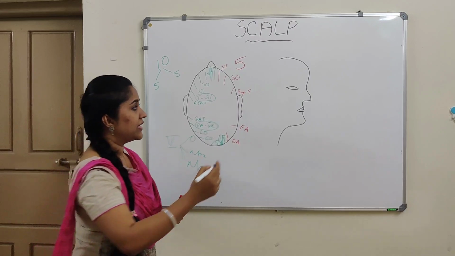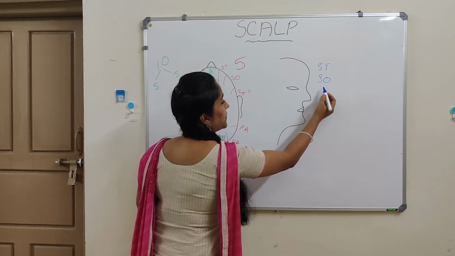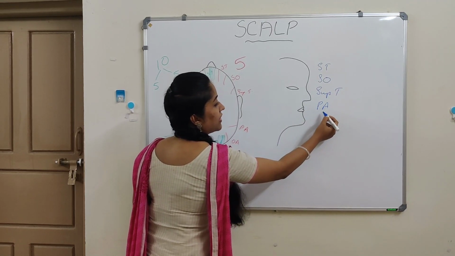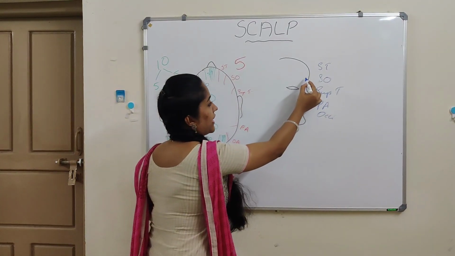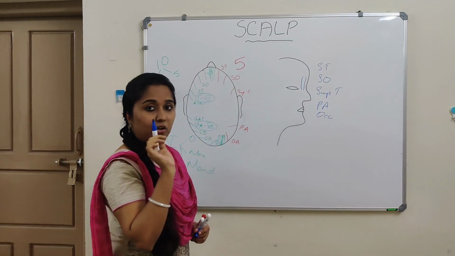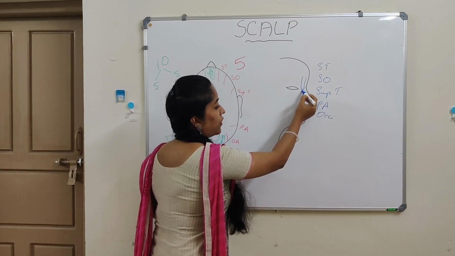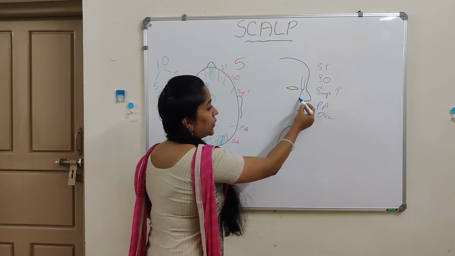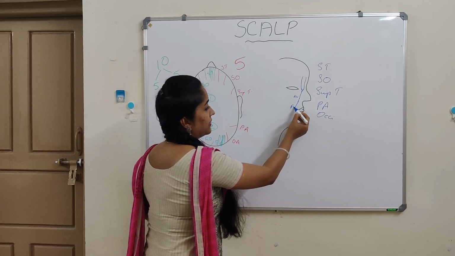These are supratrochlear, supraorbital, then superficial temporal, posterior auricular, and occipital. The supratrochlear and supraorbital veins pass along the medial angle of the eye and join at the medial angle of the eye to form the angular vein, and this passes obliquely downwards and continues as the facial vein.